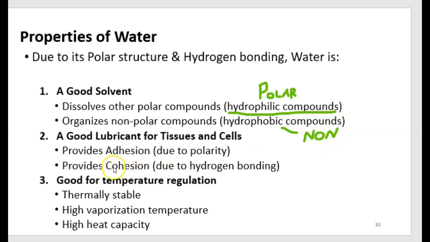Some other terms on this slide that don't make much sense yet are adhesion, cohesion, vaporization, and heat capacity. And I'm going to explain these in relation to these three properties as we proceed through the end of the presentation. So first, let's just talk about why water is a good solvent.